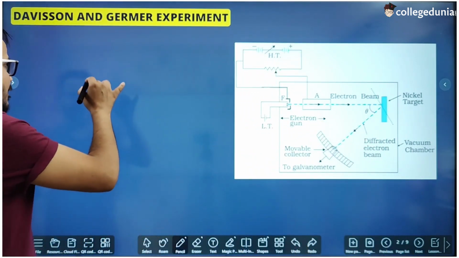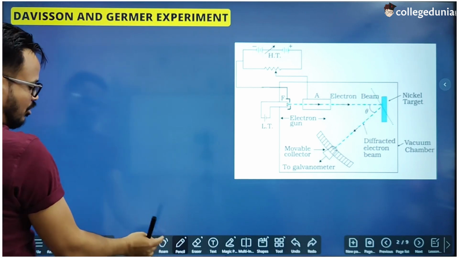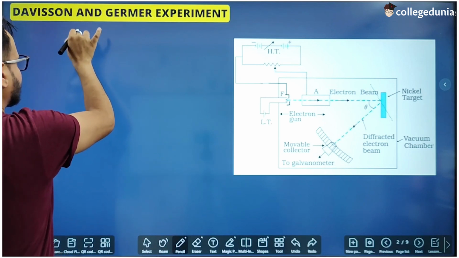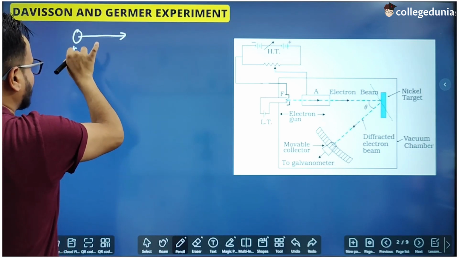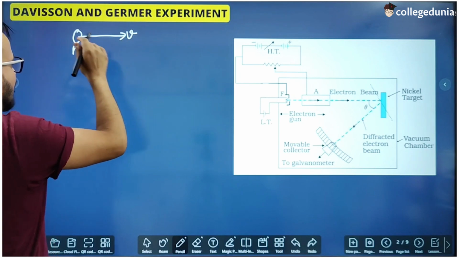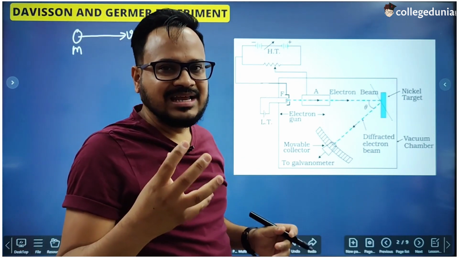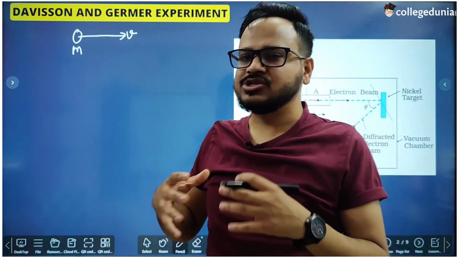For example, de Broglie said that if a ball of mass m is moving with velocity v, we all know that a ball is a particle, a ball is not a wave.